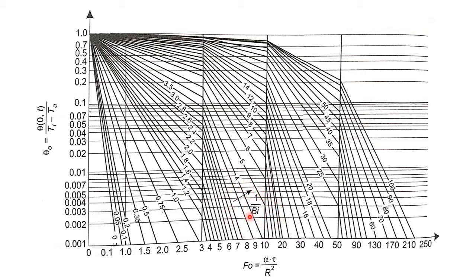So based on 1 divided by Biot number versus Fourier number, I am going to find this value. The notations are different, but this indicates the (T minus Ta) divided by (Ti minus Ta) value, and I am going to get it directly from the graph.